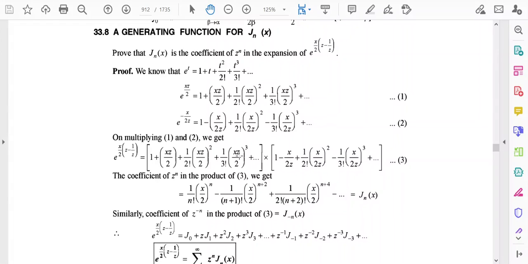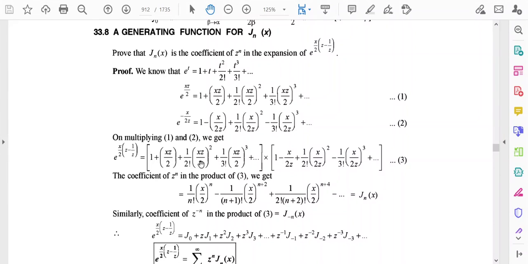For z to the power 1, the coefficient is 1 by 1 factorial into x by 2 to the power 1. For z to the power 2, the coefficient is 1 by 2 factorial x by 2 whole square. The coefficient of z to the power 3 is 1 by 3 factorial x by 2 to the power 3.